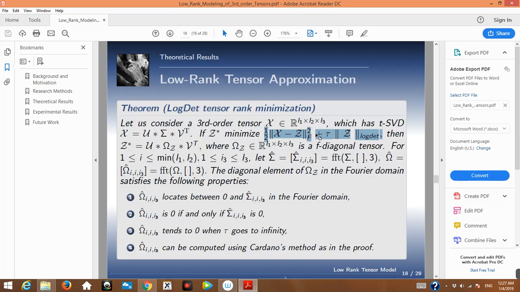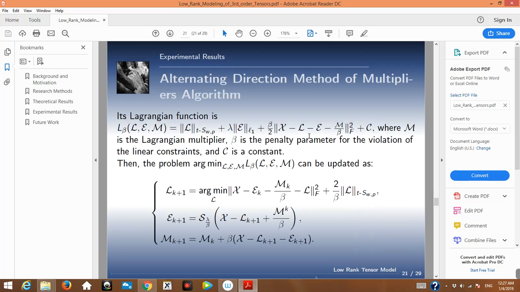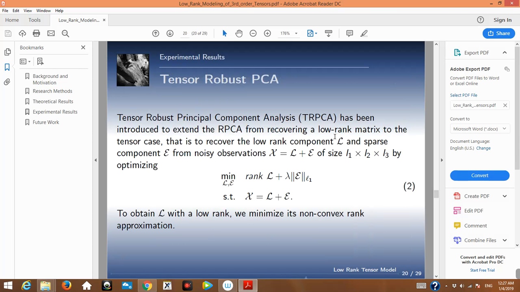This theorem has lots of applications. For example, if we try to extend RPCA to tensor RPCA, that is, extend the recovery of a low-rank matrix to the recovery of a low-rank tensor, we can solve such an optimization problem.